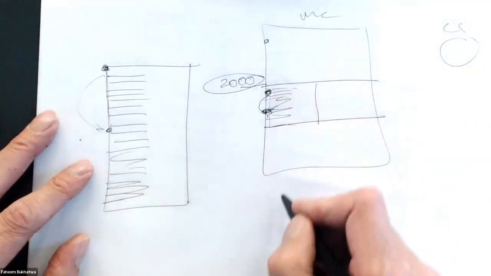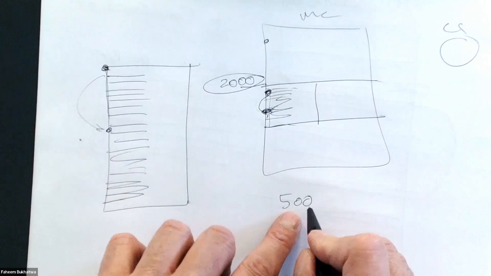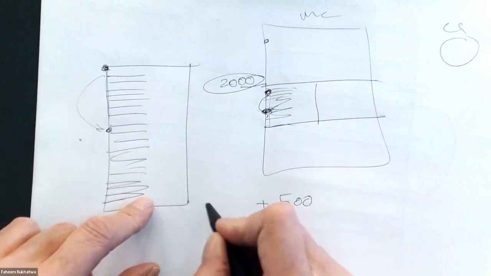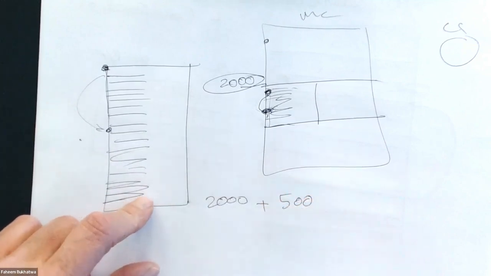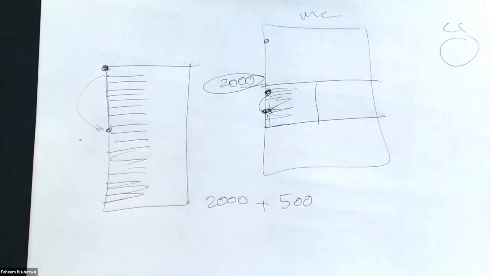So when you say 500, we don't change that. The compiler says go to line 500, but we always add to it location 2000. So now every reference your program makes, we add to it your present location in memory. That's how they solve this problem.